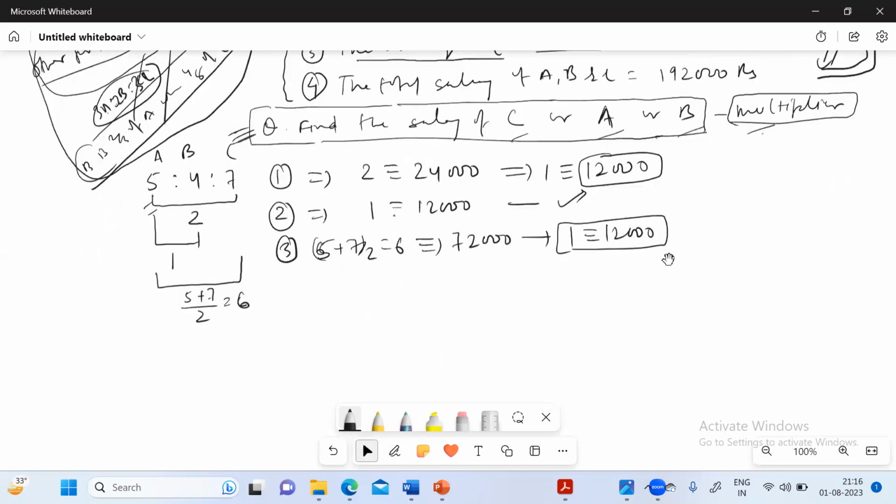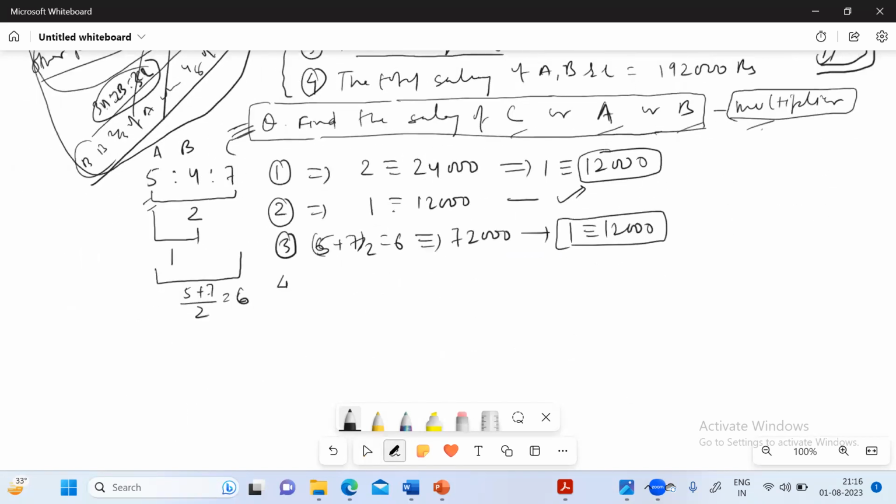Similarly, they are saying that the total salary of A and B and C is 192,000. So I'll calculate the total in the ratio, which is 5 plus 4 plus 7, which is 16.